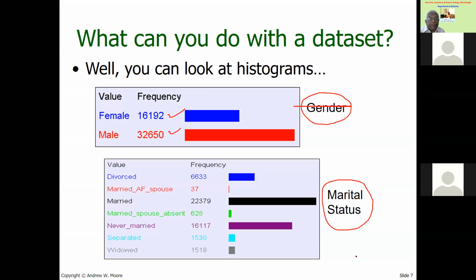Married, spouse absent, 628. Never married, 16,117. Separated, 1,530. Widowed, 1,518. So these are the different marital status, and these are the different record sizes. Accordingly, the histogram is prepared.